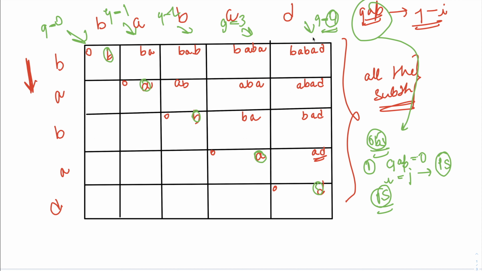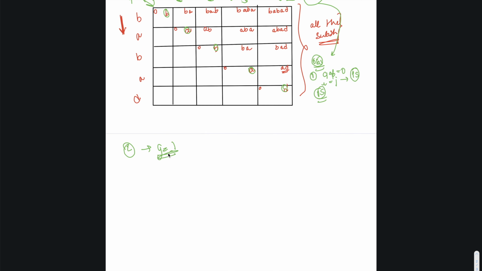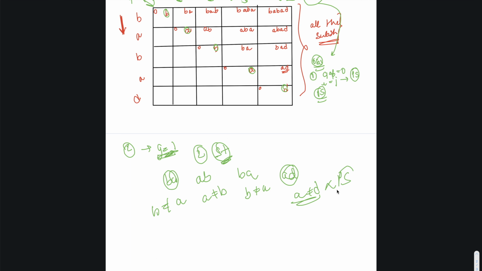So whenever the gap is equal to 1, we have only two characters in a string. Whenever these two characters are the same, like we have BA, AB, BA, AD. So here B is not equal to A. Similarly, A is not equal to B, B is not equal to A, A is not equal to D. These are substrings, but these are not palindromic.